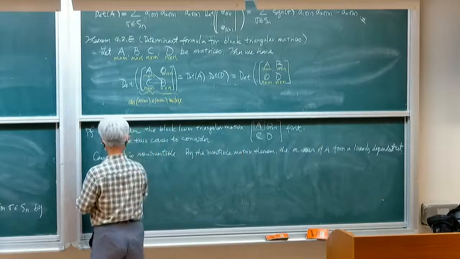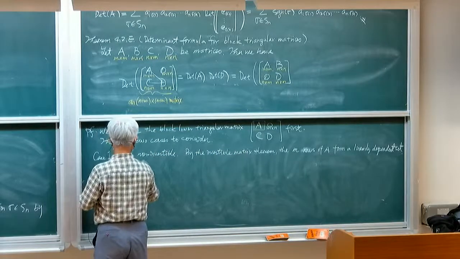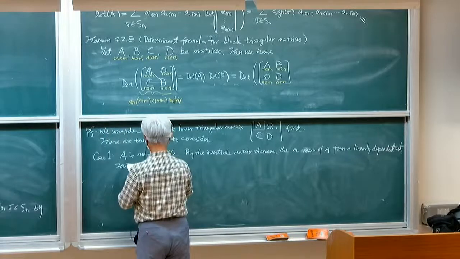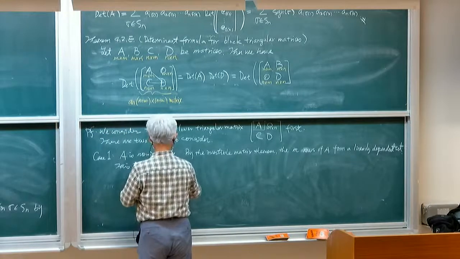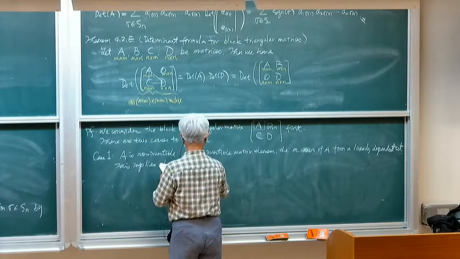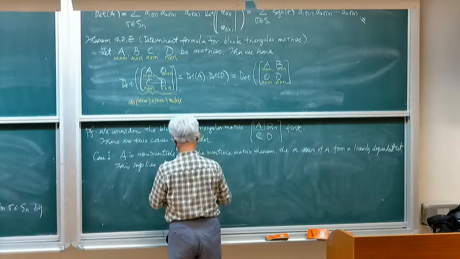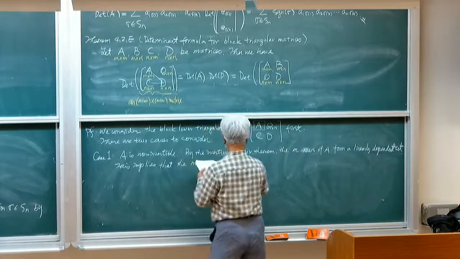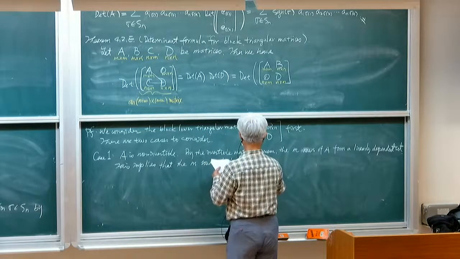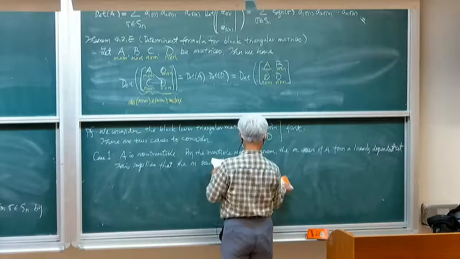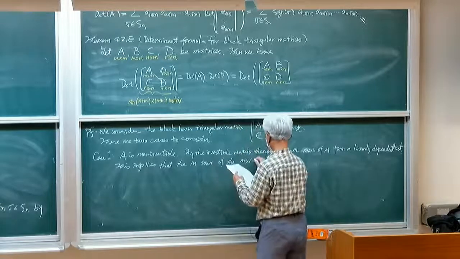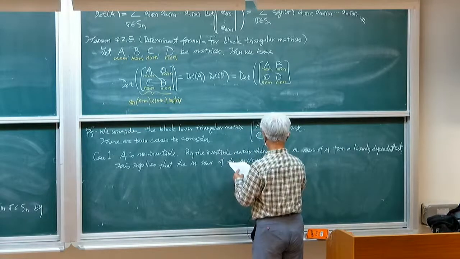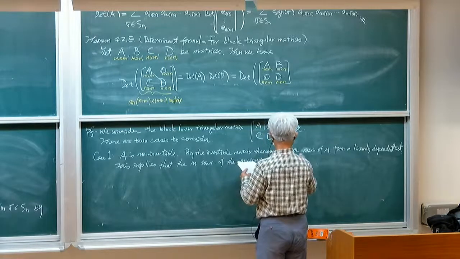So this implies that the m rows of the m plus n times m plus n matrix A and the 0.